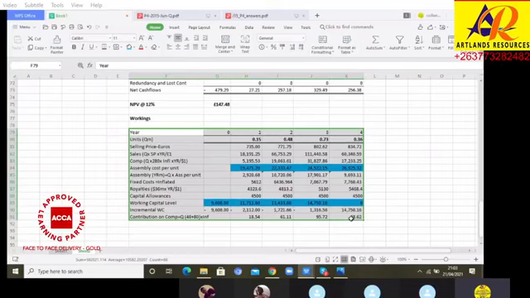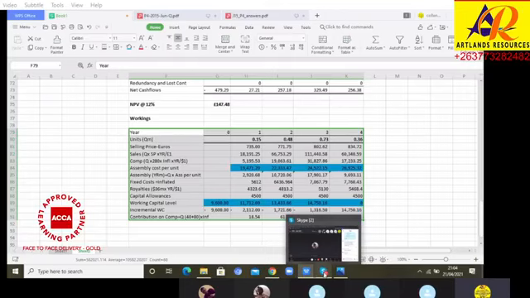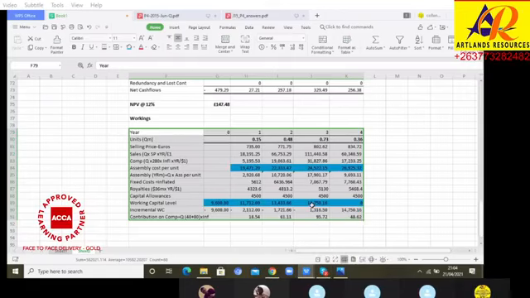Our workings only took 12 lines. 12 lines were enough for us to have workings to answer a question which is worth 21 marks. We just had 12 lines for our workings.